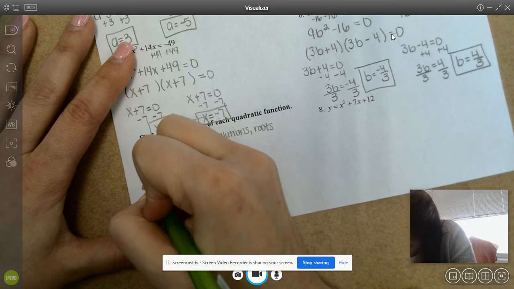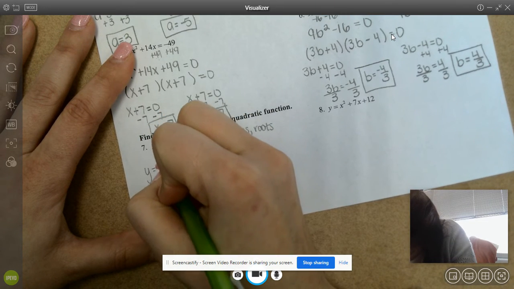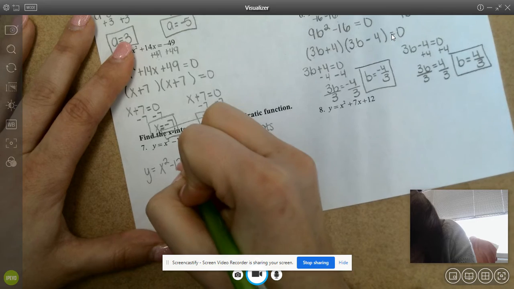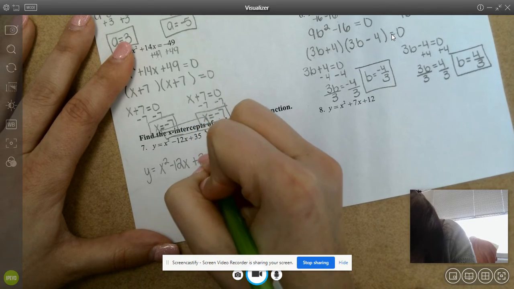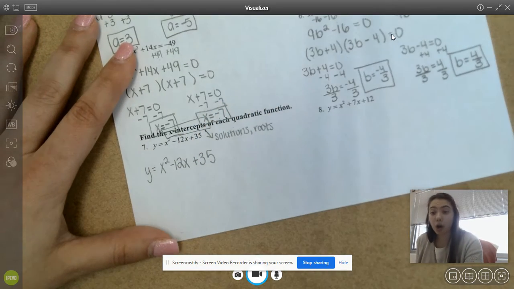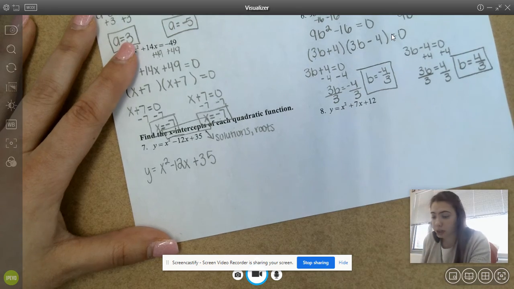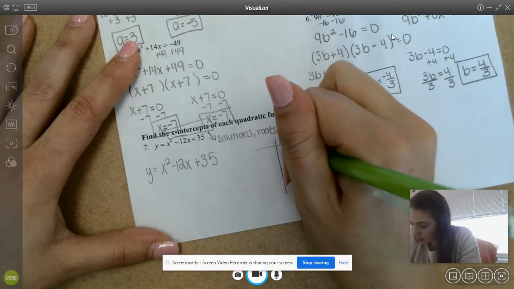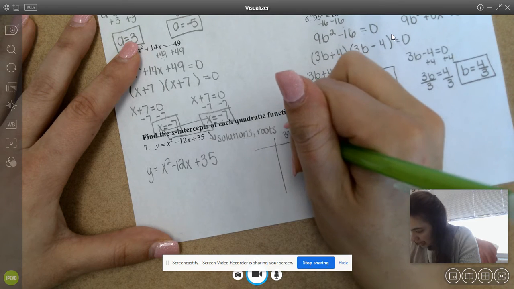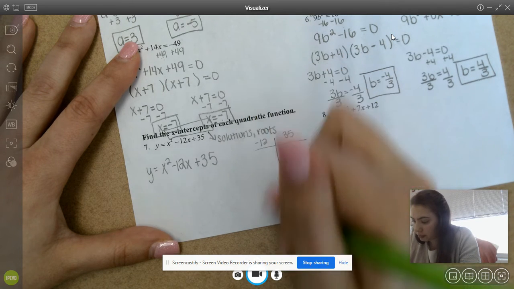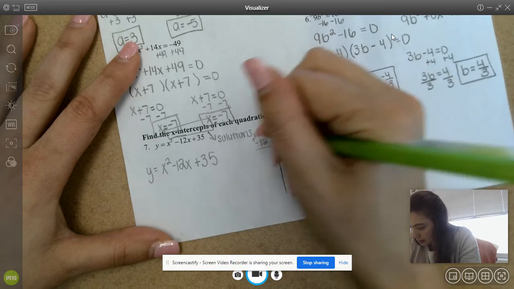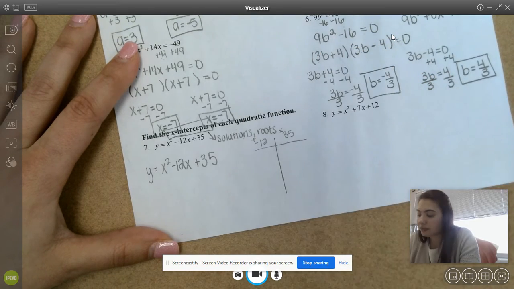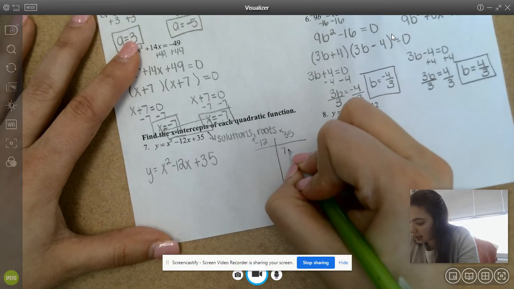Here we have y is equal to x squared minus 12x plus 35. Our whole job is to figure out what are 2 numbers that multiply to 35 and add to -12. Well, let's see, 35. I like 7 and 5.